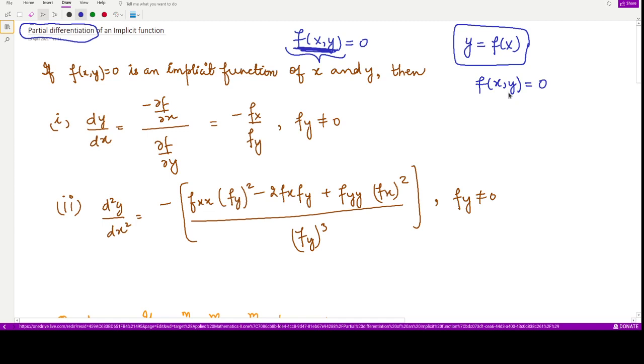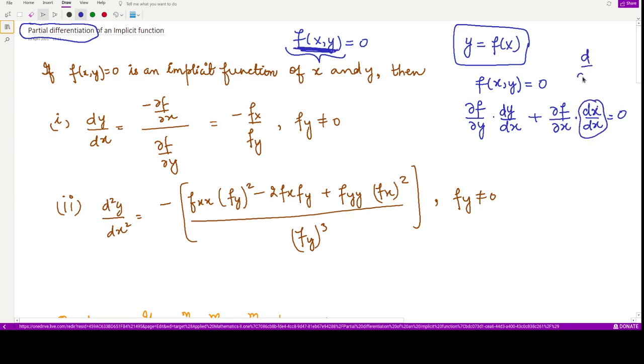If you differentiate it completely, what would you have? You will have firstly the partial derivative of f with respect to y, and then the complete derivative of y with respect to x, and then the partial derivative of f with respect to x, and then the complete derivative of x with respect to x, that is equal to 0. Now this quantity is equal to 1.